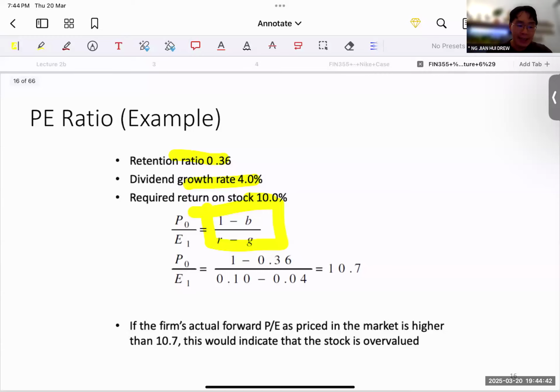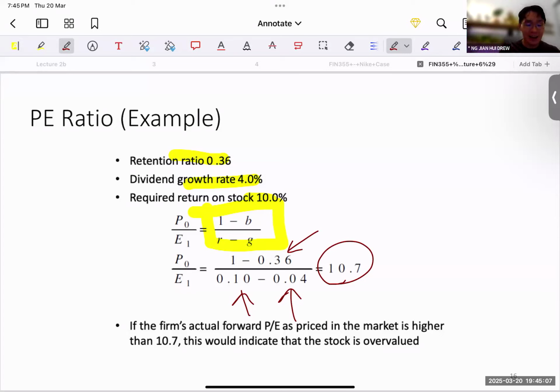And then we just plug in the figures, right? 1 minus 0.36, over 0.1 minus the G of 4%. And this gives us our justified forward PE. Okay, so if the firm's actual forward PE is higher than the justified, it means it is overvalued.